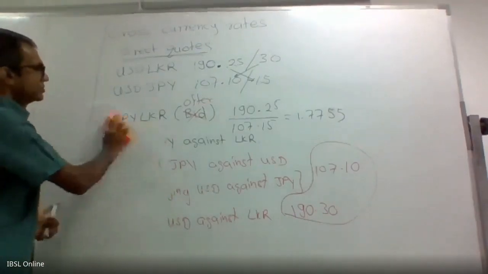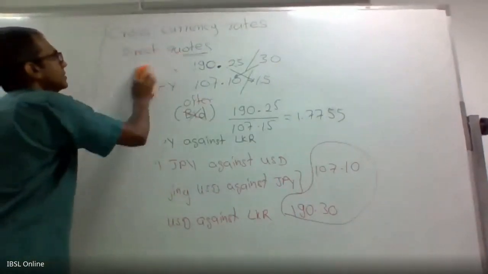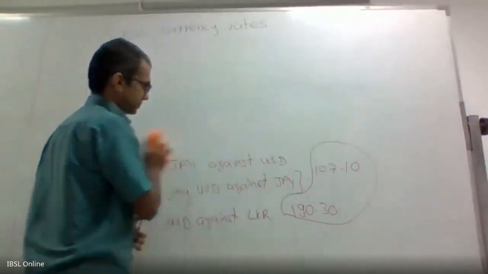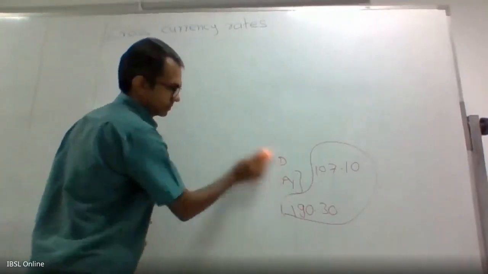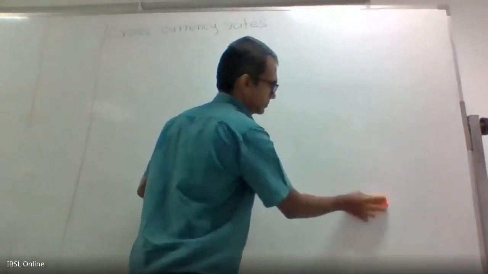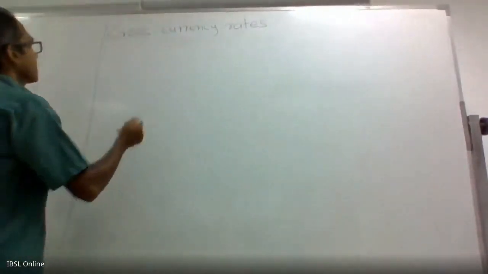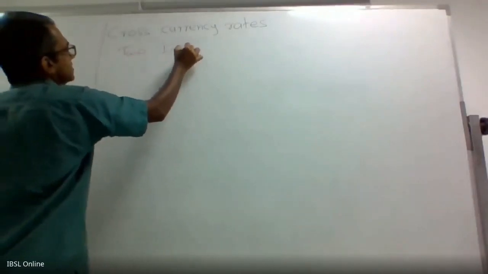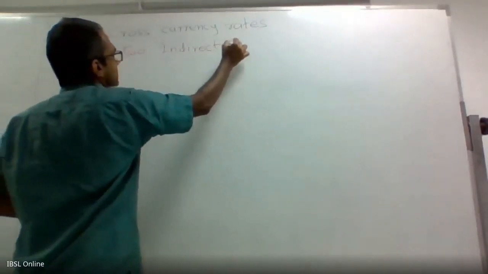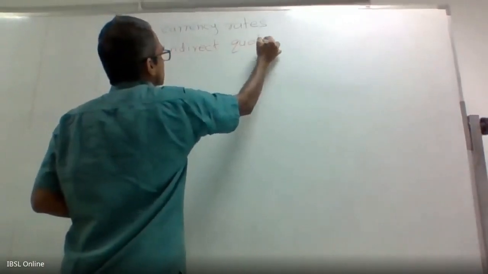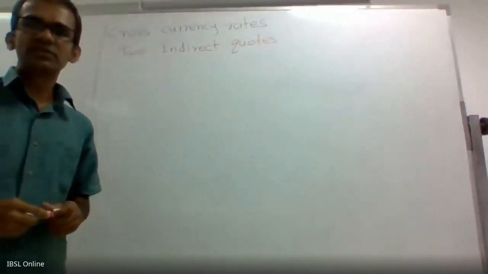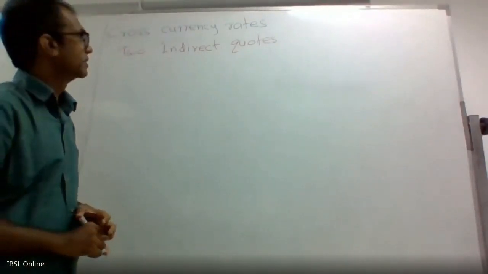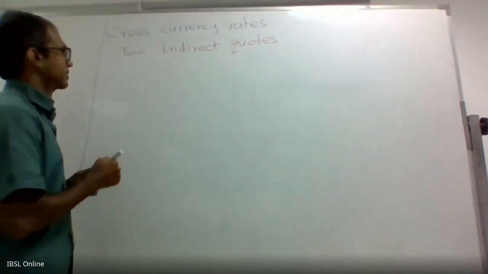So now we'll move into the second combination. Two indirect quotes. When we have two indirect quotes, how do we calculate the cross rate?